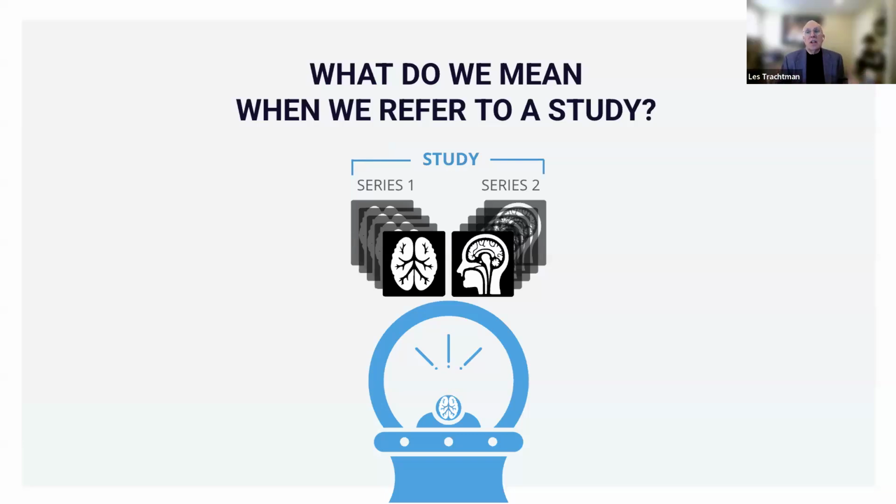But a study is potentially comprised of a set of series, which is maybe different parts of the anatomy or different views of the anatomy. And each series is composed of images themselves. So a CT, for example, might actually have 1,000 images in it, might be comprised of 2 or 3 series. And that altogether is called a study.